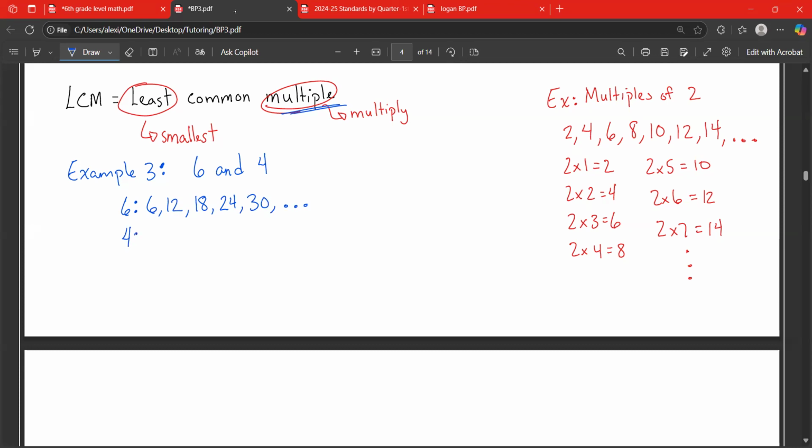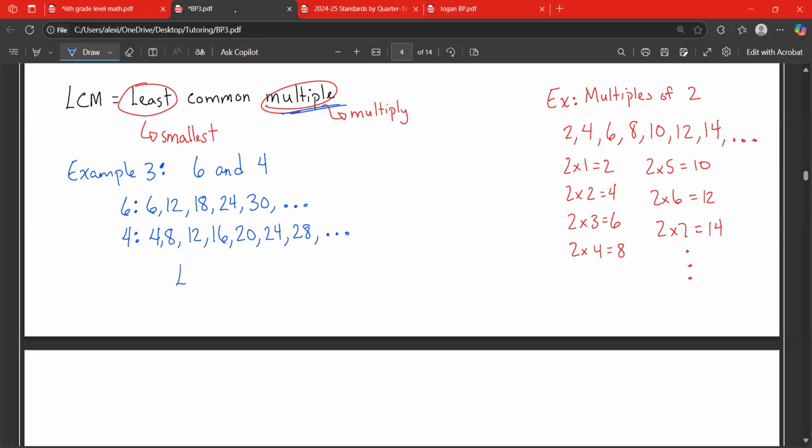Let's write out the multiples of 4. That's 4 times 1, 4 times 2, 4 times 3, 4 times 4. So that's 4, 8, 12, 16, 20, 24, 28, and it goes on.